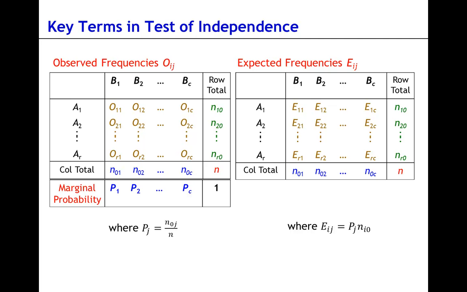For example, to get E sub 2c, we take p sub c times the second row total. Now, if the variables are really independent, then the observed frequencies should be comparable to the theoretically predicted ones. Therefore, the idea behind the test for independence is really about comparing the observed frequencies with the expected frequencies.